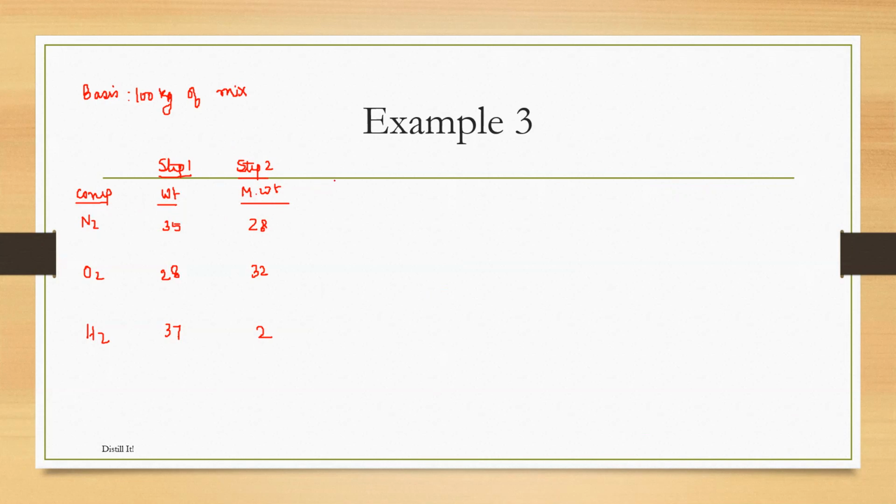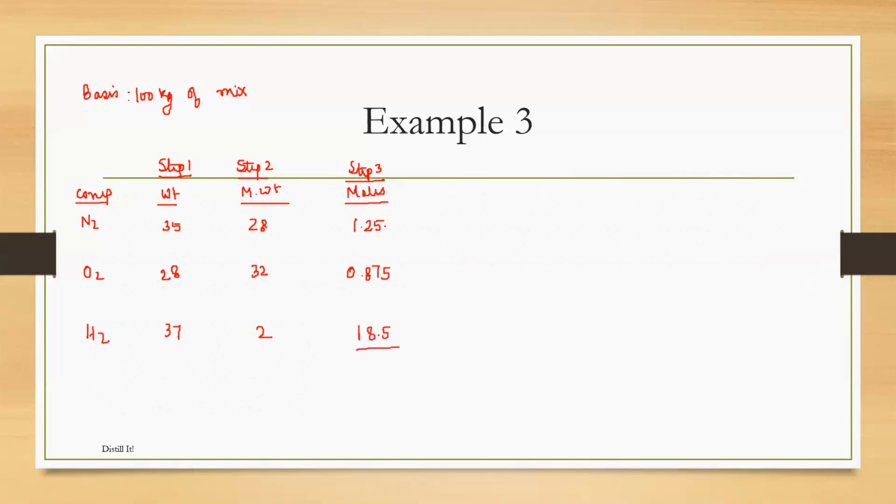Then the next step is to get moles. Moles are weight upon molecular weight. So that is 35 upon 28, which is 1.25. This is 0.875. And this is 18.5.